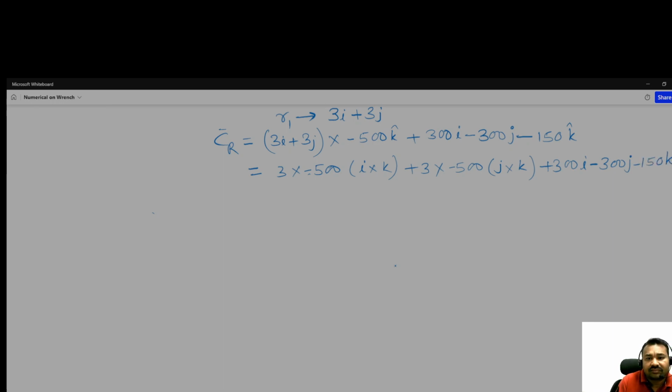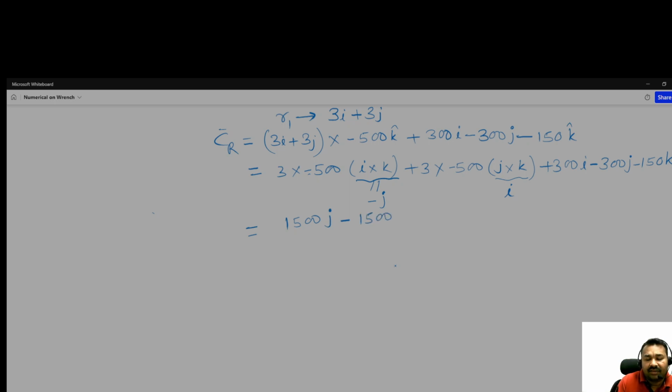So I cross K is equal to minus J, and J cross K is equal to I.